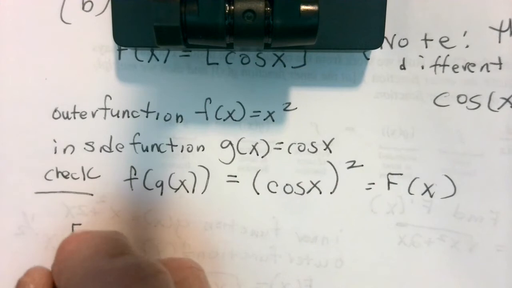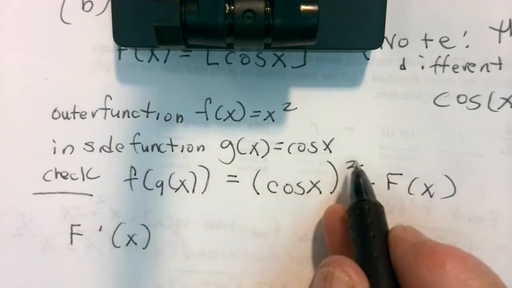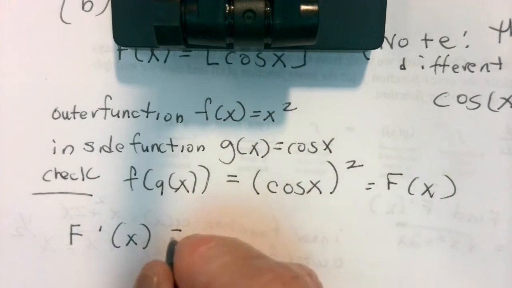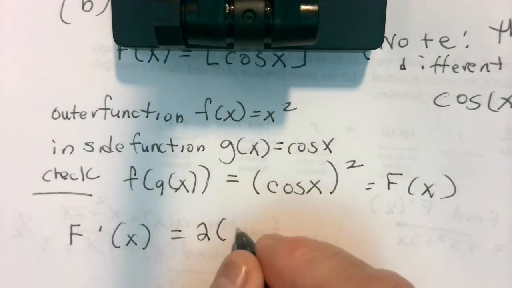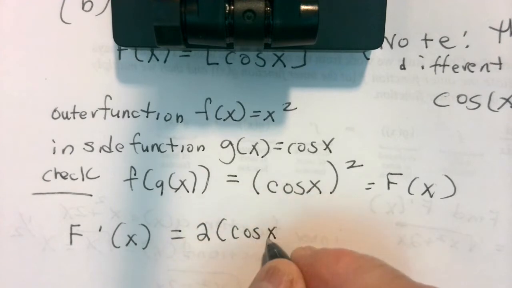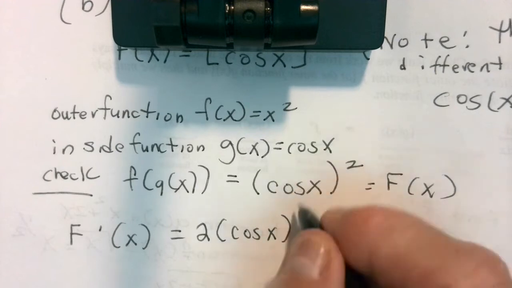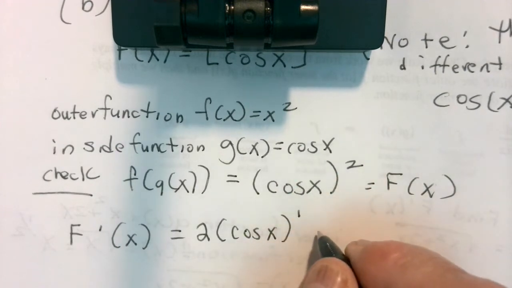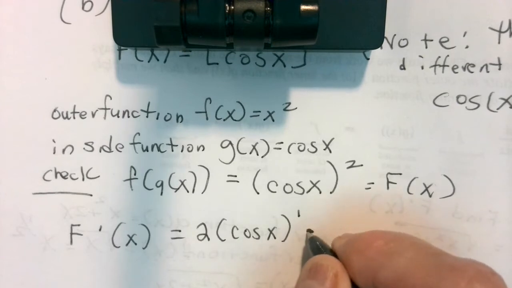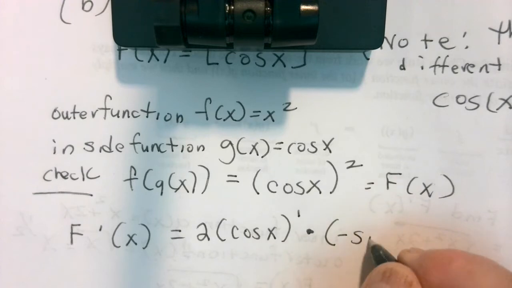Okay, so f prime x, we're going to take the derivative of the outside. So the outside is the x squared. So we use the power rule and we bring the 2 down. Remember, we leave the cosine x inside the outer function in this first part of the product. We subtract 1 from the exponent, and then we multiply times the derivative of the cosine function, which is minus sine x.